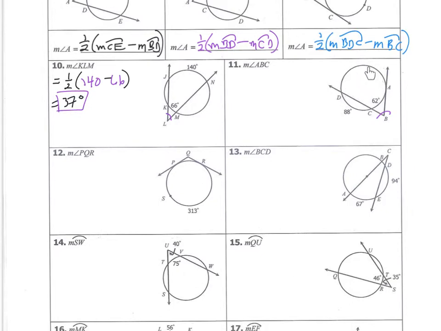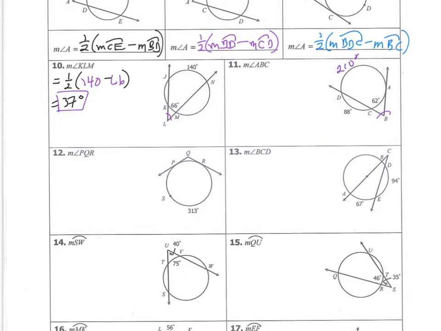How do I find that one? 62 plus 88 and subtract it from 360. So we're going to take 360 and subtract 88 and subtract 62. What do we get? Shoot, I actually did 66. Well, we get 210. So we have to find that before we can even solve the problem.